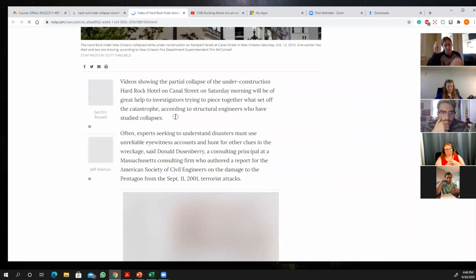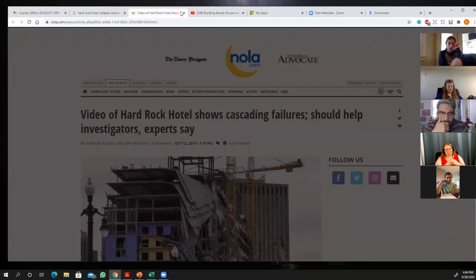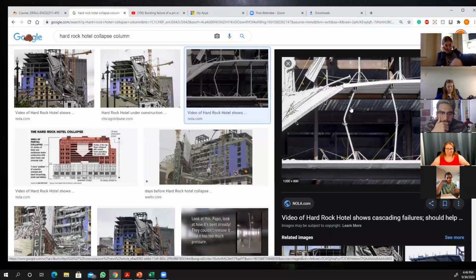Okay, let's focus on this. When you look at this column, if they knew how much load would be applied when they pour the concrete on top of the metal deck, the metal deck that supports the fresh concrete, and you know that concrete has to be cured a minimum of 28 days if it's regular concrete.